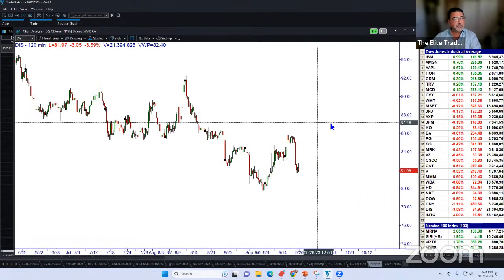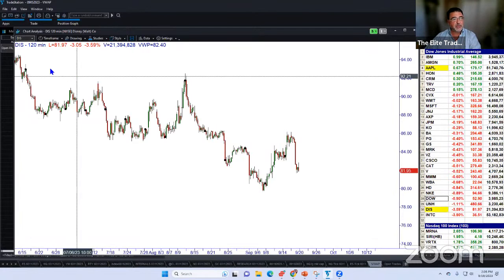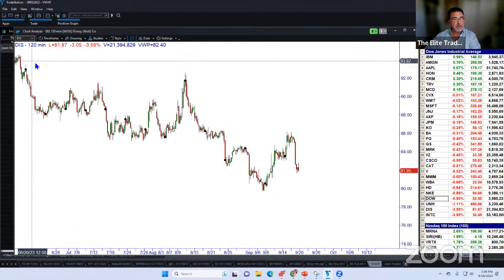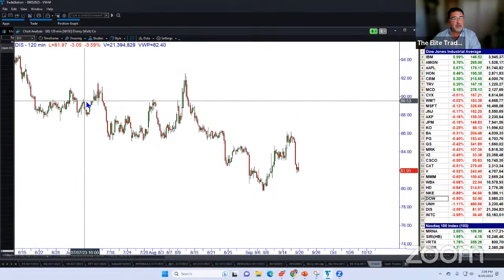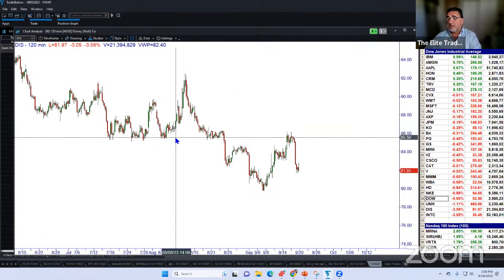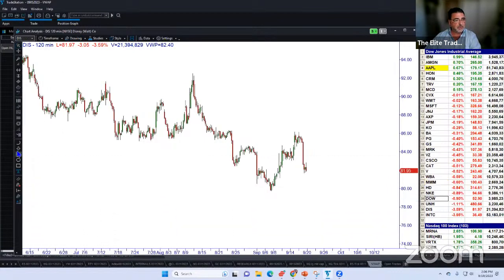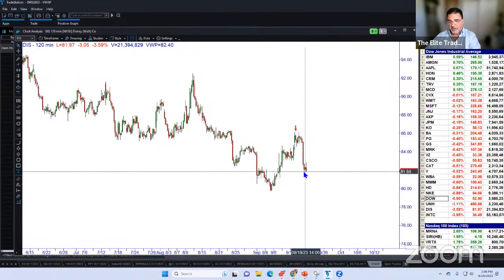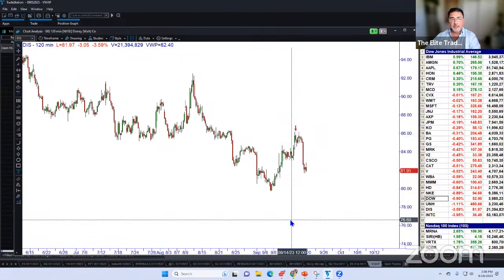If I'm looking at this chart on Disney, I've got a 120-minute chart, and the time frame really doesn't matter when you're looking for the right picture on the price chart. With this particular chart, I'm going to say I wish I would have taken that trade short this morning, over the last couple of days. How many would love to take the trade short right at that point, capitalizing on a move down?